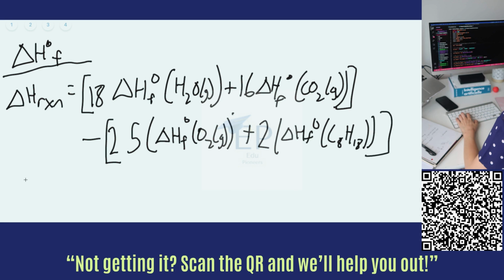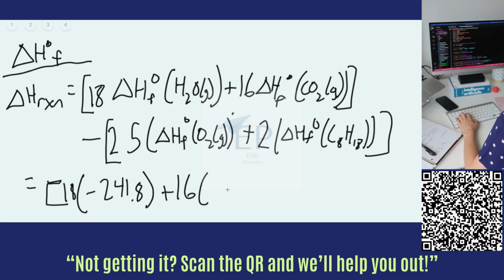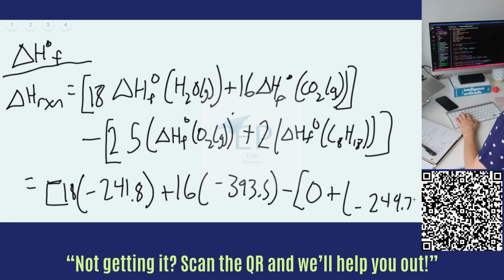And so when we do this, we end up with negative, I'll plug in the values first actually. So we have 18 times the H2O one, which is negative 241.8. The CO2 is negative 393.5. The O2 is 0, and the octane is negative 249.73.